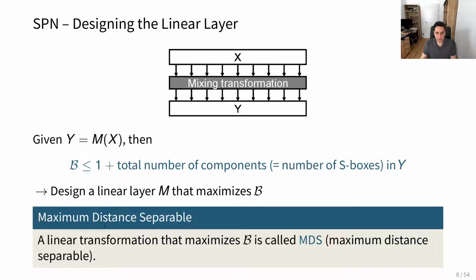Essentially this is a linear transformation matrix which maximizes this branch number, so which makes this branch number 1 plus the number of components we have here. So this is what we would like to have as a designer. Not always, of course, because this is quite expensive to do, but it gives us the best security, so to say.